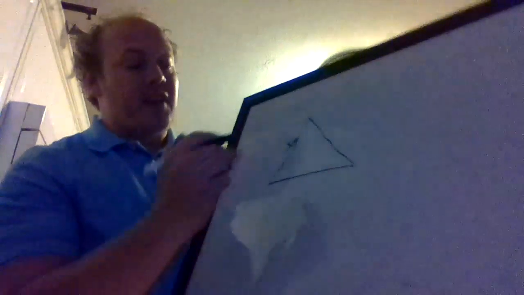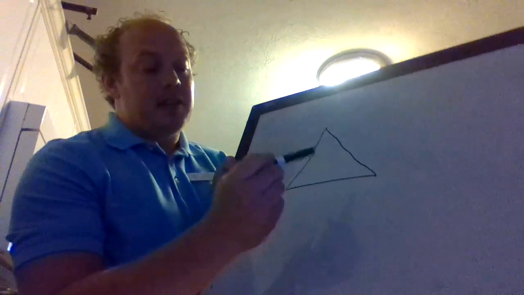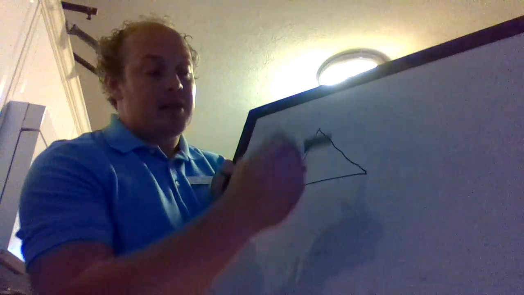But right now, this is an equilateral triangle. An equilateral triangle has sides that are the same length. So if this side is 5 centimeters, then this side is also 5 centimeters, and this side is 5 centimeters. So 5, 5, and 5.